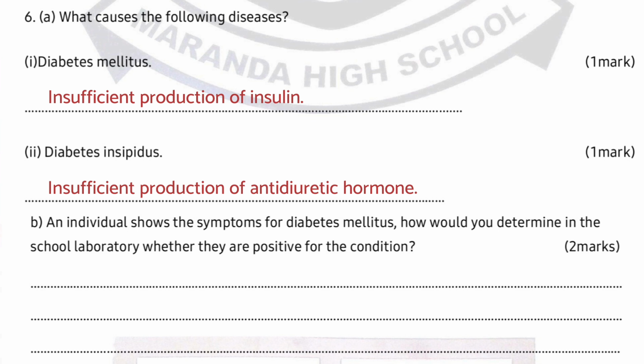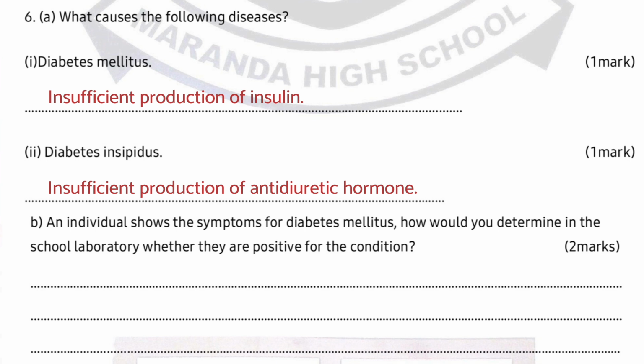So if we were to carry out a test for the reducing sugars and it's a positive test, okay, we can see the variety of colors that we usually see, then that means that person is suffering from diabetes mellitus. So you're going to take a small sample of urine from the patient, place it in a test tube, add Benedict solution, okay? Now, of course, you're going to go step by step, but yes, and then you're going to heat until it boils.